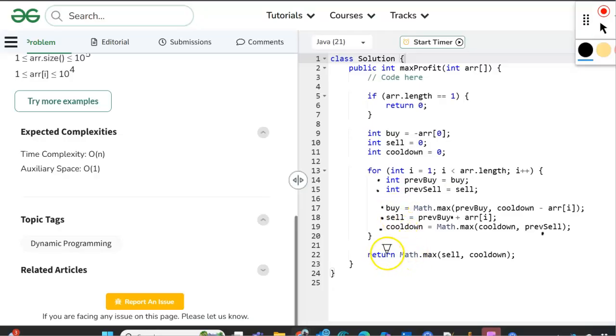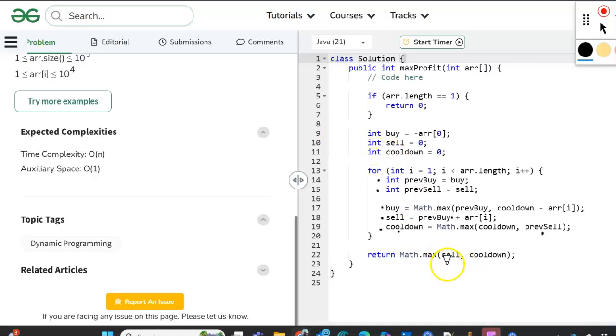Another thing, you could do the Math.max sell cooldown computation inside the for loop and have a DP array and just take the last value. We don't care about what that Math.max value would be for sell and cooldown until the last day, so we can wait until the end to do that computation.